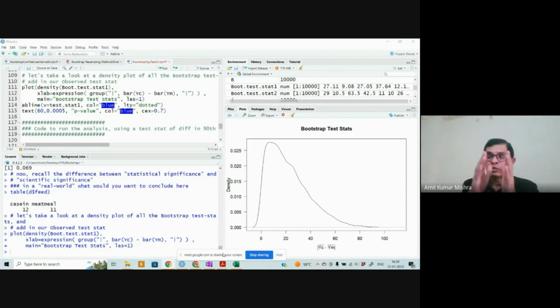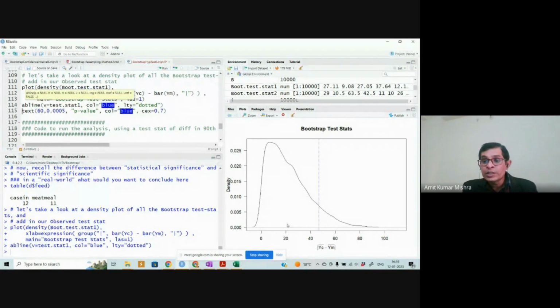When you find the differences of two means, take 10,000 differences and plot them, you get this density. Now, what was the difference you were getting? That difference was 46 something. So if I put that difference here by the abline function, you can see this vertical dotted line. This vertical dotted line represents that original value.